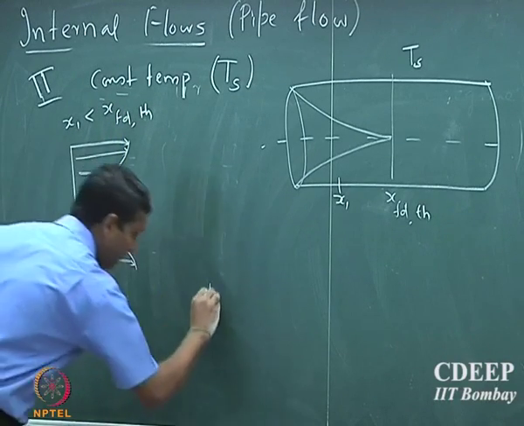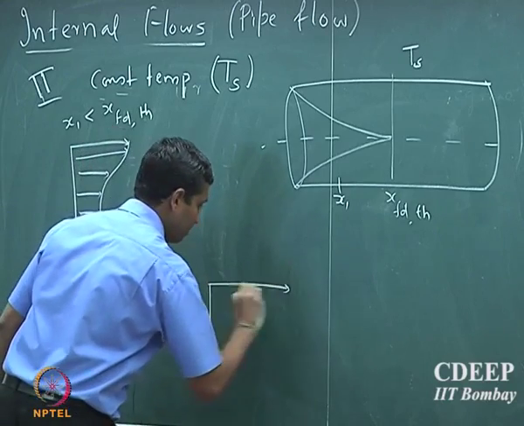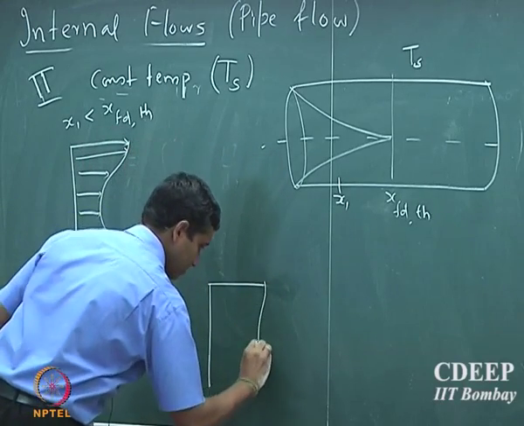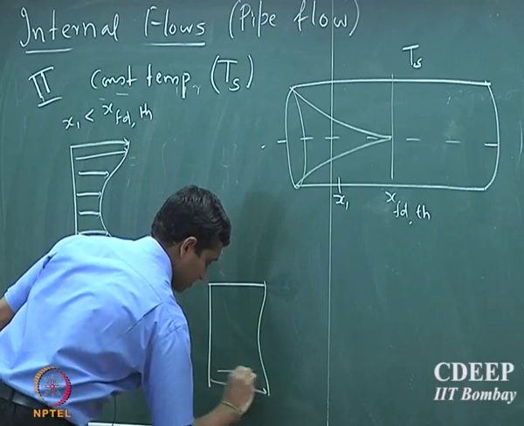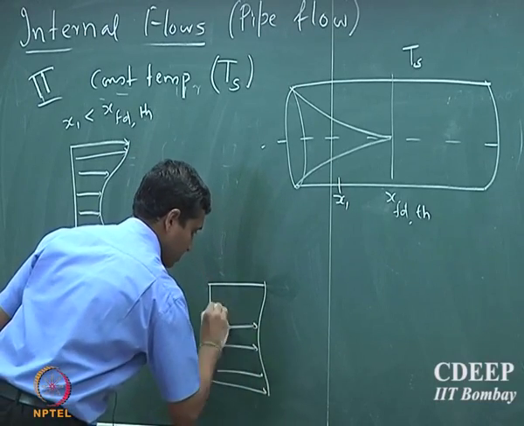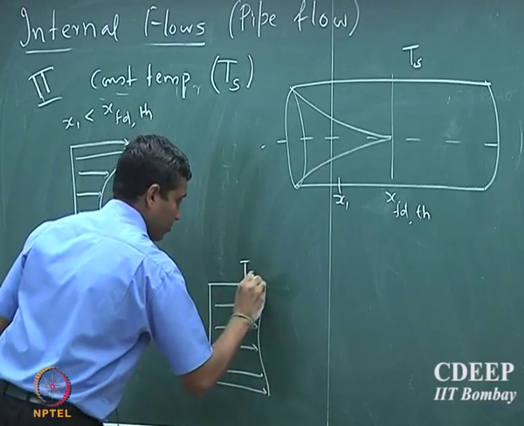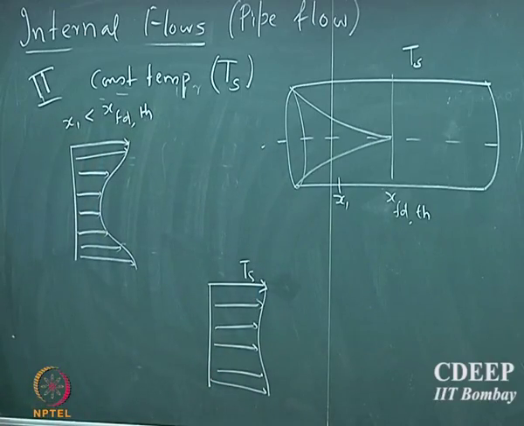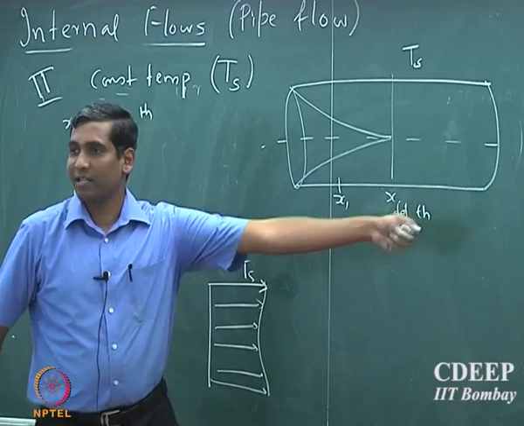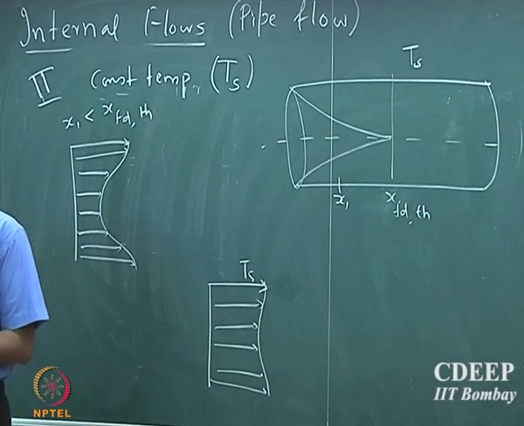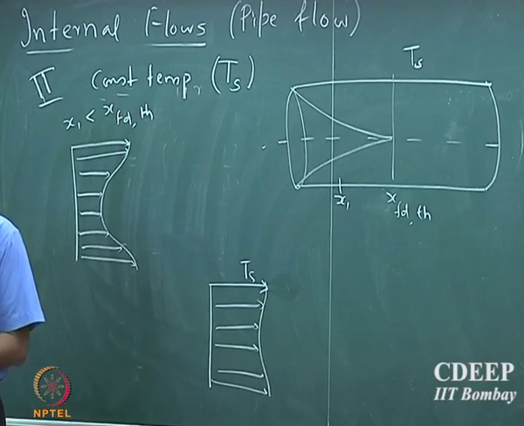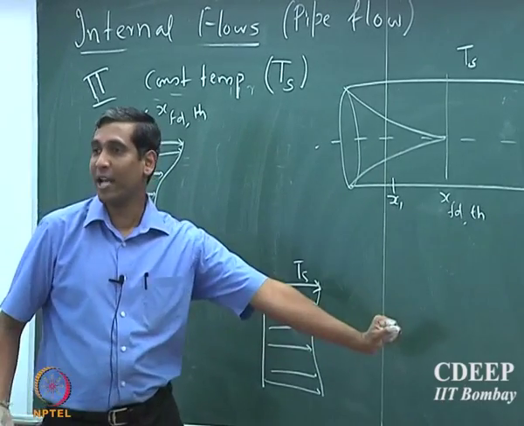And if I look at the profile at the fully developed regime, once again that is the temperature of the surface, and as you go past into the pipe, there will be continuous transport of heat from the wall to the fluid, and so there will be a change in the temperature profile.